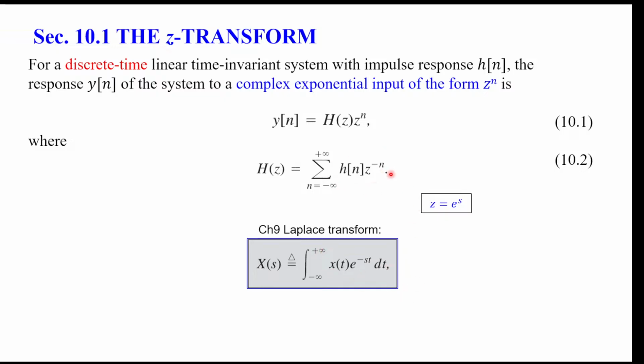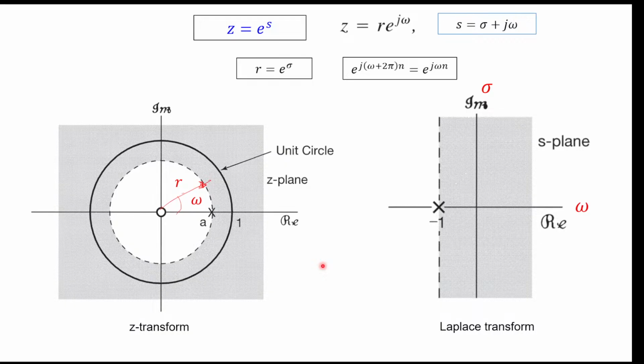You see that this is basically the same, except that you have a summation here and an integration there, and you have z to the minus n and e to the minus st. But if you think of z as e to the s, then z to the minus n is the same as e to the minus st. And indeed this comparison between z and e to the s can explain most of the difference between the z transform and the Laplace transform. So we kind of skip forward.